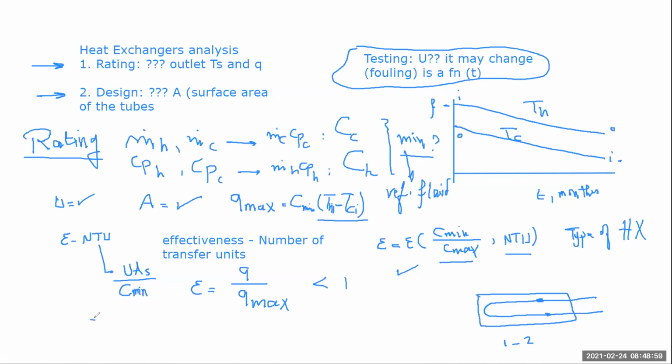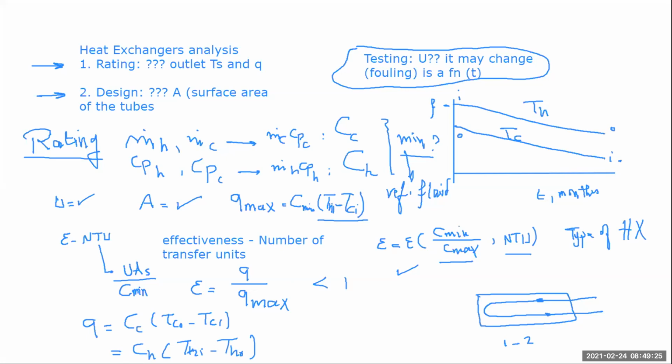Q, or the heat transfer rate, is basically C cold, T cold out minus T cold in, and it is also C hot, T hot in minus T hot out. So what we see here in this slide is a summary of what we do for rating a heat exchanger.